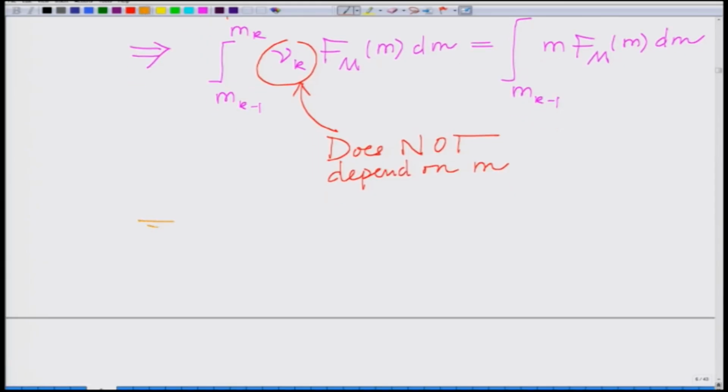Now you see something interesting: nu k times the integral from m k minus 1 to m k of f of m dm is equal to the integral from m k minus 1 to m k of m f of m dm.